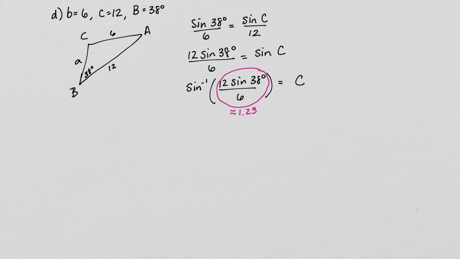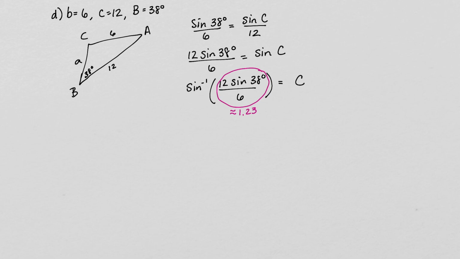And remember, the values of the sine function are always between 1 and minus 1. So I cannot take the inverse sine of something that's bigger than 1. So what that means is there's no solution to this problem, right?